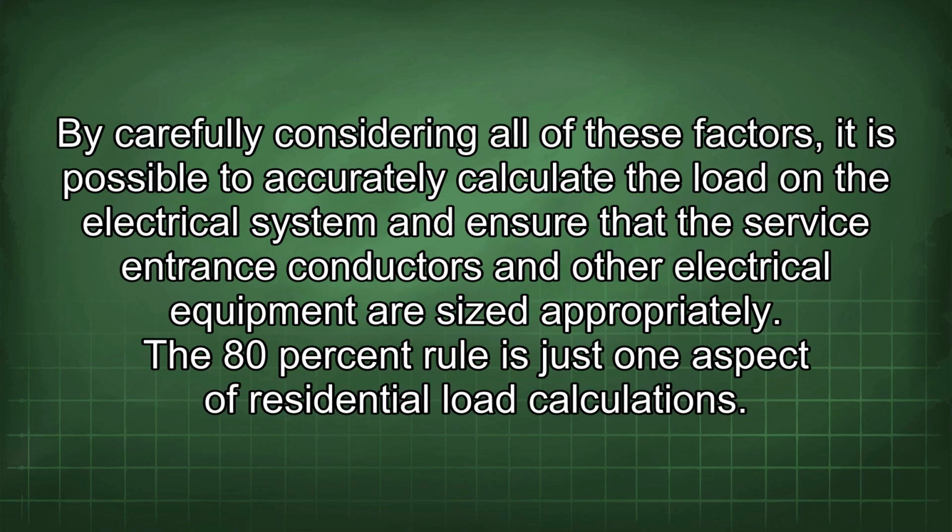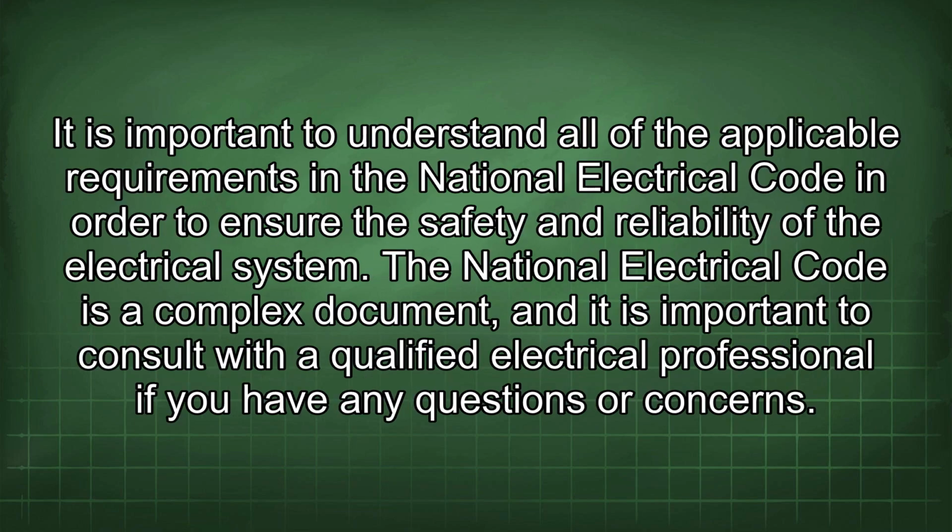By carefully considering all of these factors, it is possible to accurately calculate the load in the electrical system and ensure that the service entrance conductors and other electrical equipment are sized appropriately. The 80% rule is just one aspect of residential load calculations. It is important to understand all of the applicable requirements in the National Electrical Code in order to ensure the safety and reliability of the electrical system.